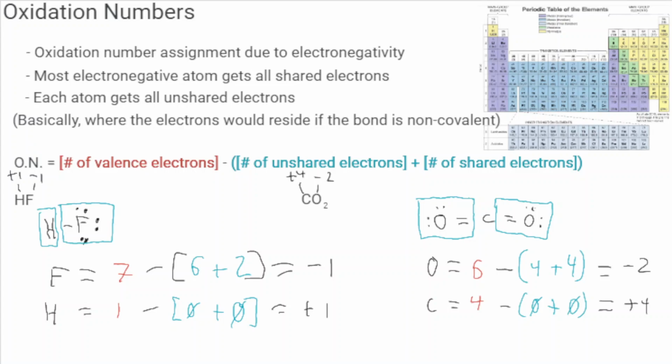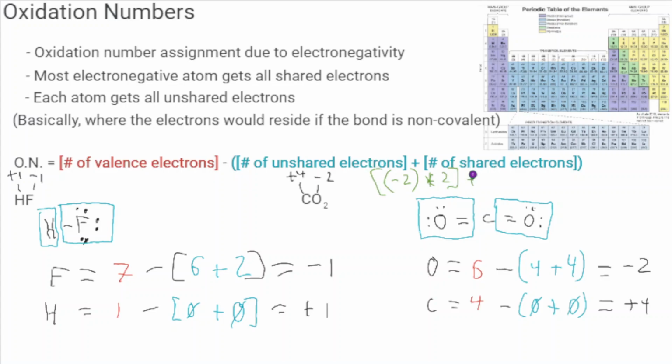For the CO2, it's a little bit different. For the oxygens, we have negative 2, but we have 2 oxygens. So we're going to have our negative 2 for our oxidation number multiplied by 2 because we have 2 oxygens.